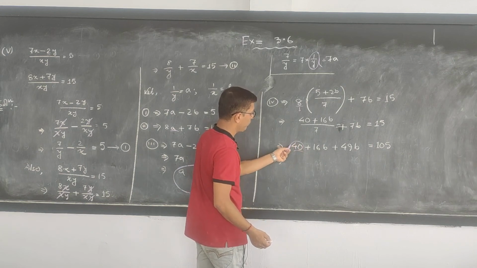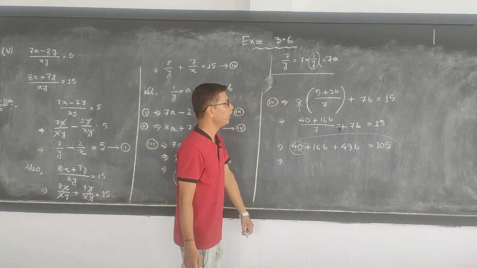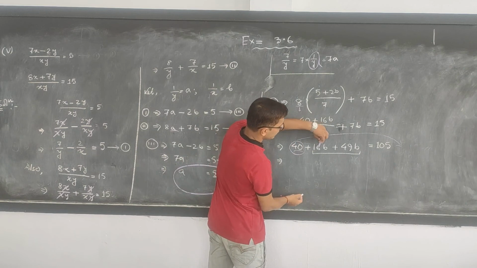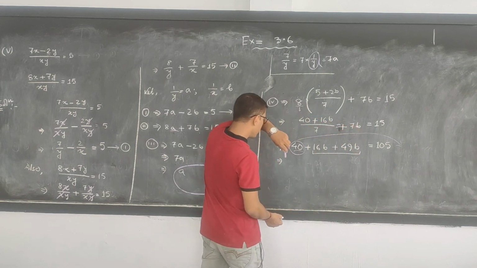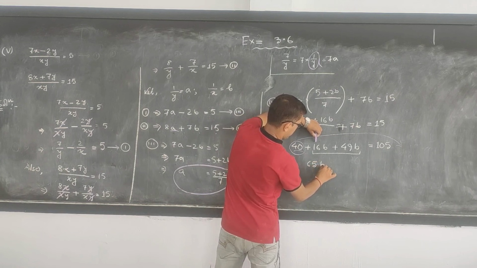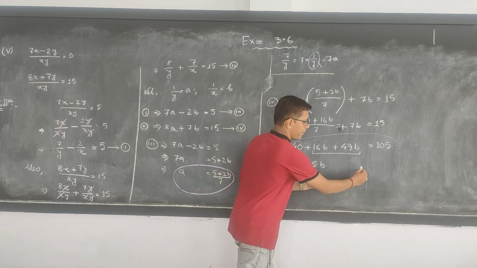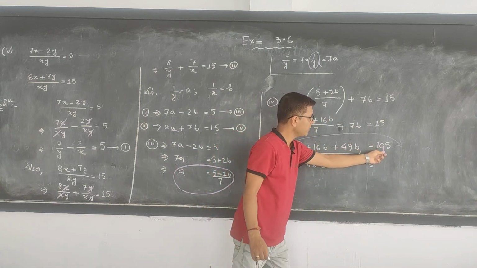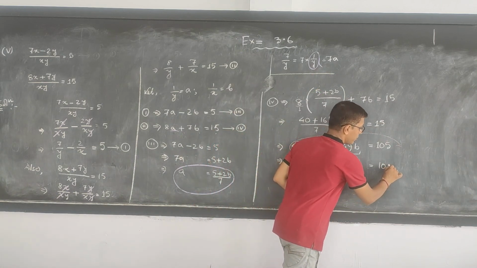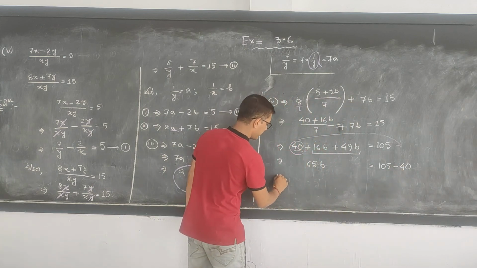Let us add these two portions first: 16b and 49b will become 65b. And 105, with 40 going to that side, becomes 105 minus 40, which is also 65.